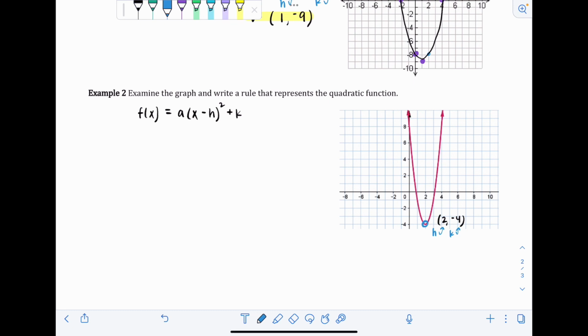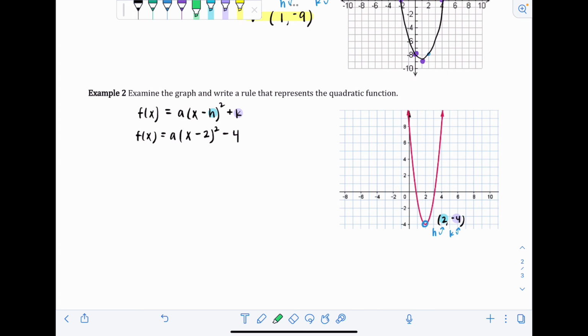We can just take those both and substitute them into the formula itself. So we'll put 2 in for h and negative 4 in for k. So f of x equals a, and then x minus h turns into x minus 2, because h is 2, squared, and then plus k turns into minus 4, since k is negative 4.